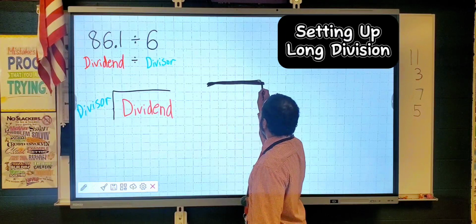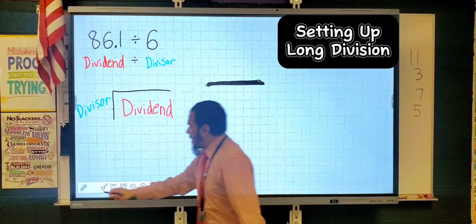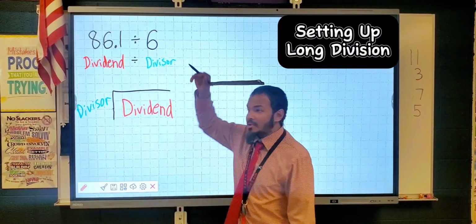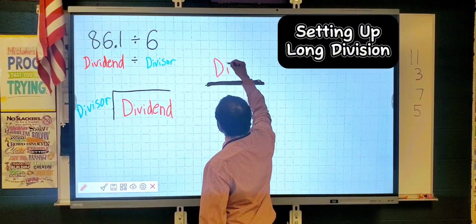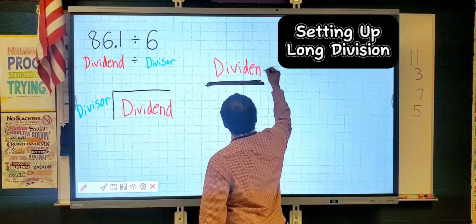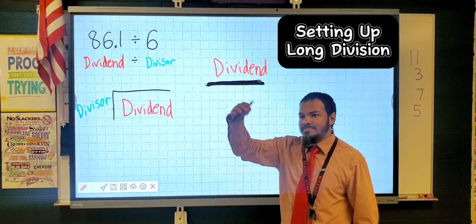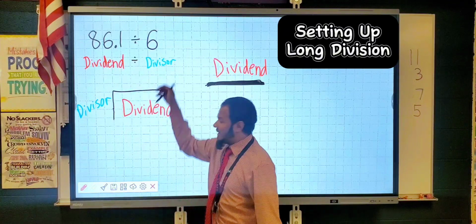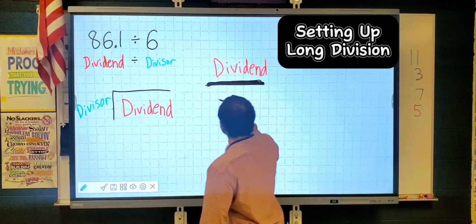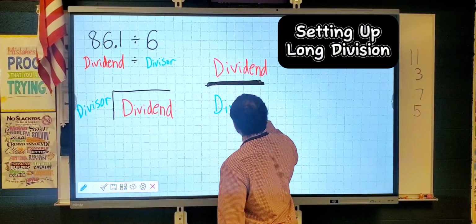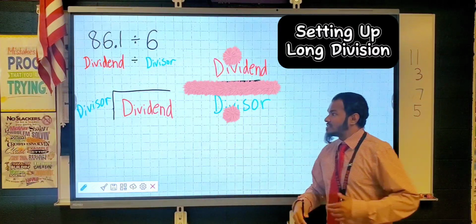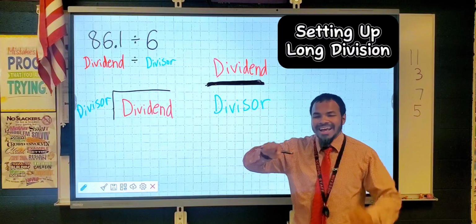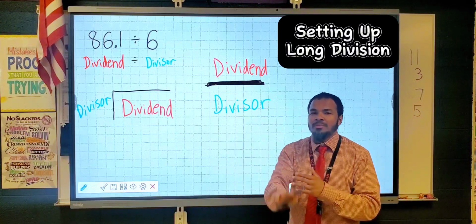Well, the first number goes on top, which is known as my dividend. The dividend is being divided by the divisor. So the first thing to understand is this structure right here.